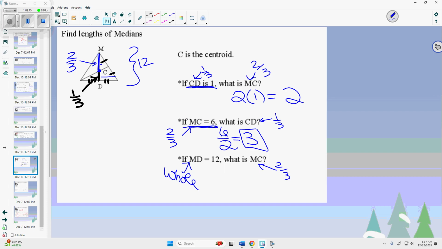How would I figure that out? 12 divided by 3, very nice, because you have the whole. There's 3/3. We need to break that whole into 3 groups. So how much is one group? That's 1/3. I want the 2/3. How much? Perfect.